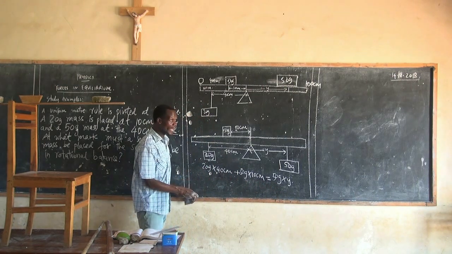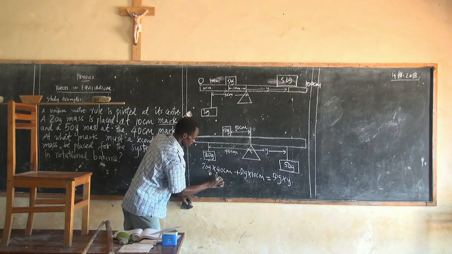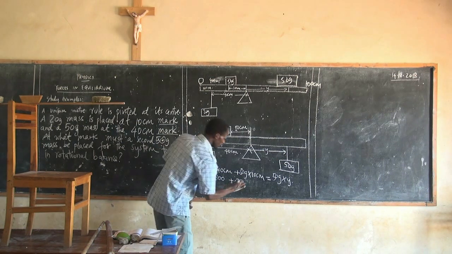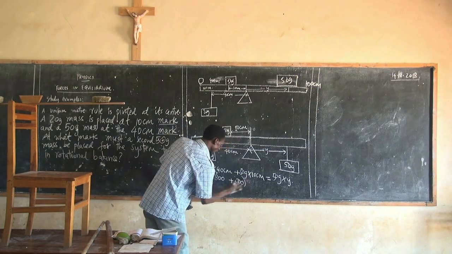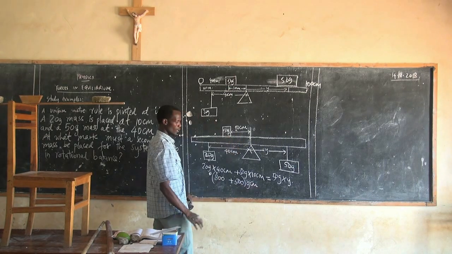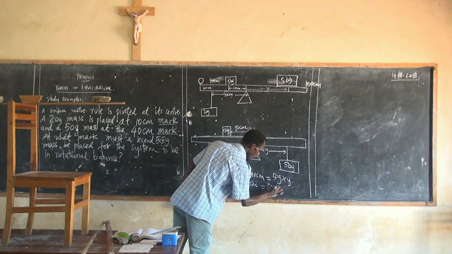Now, collecting the like terms, 20 times 40, we get 800, plus 500. Both of them are gram centimeter. It is equal now to 50 gram y.